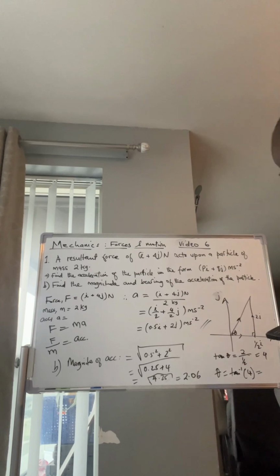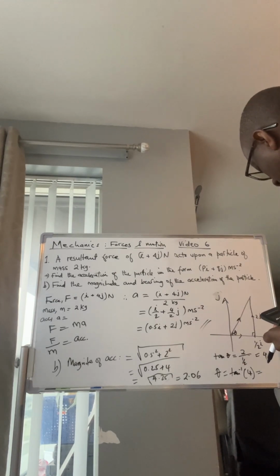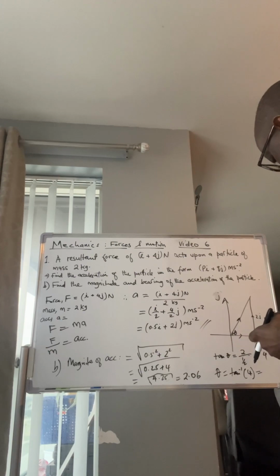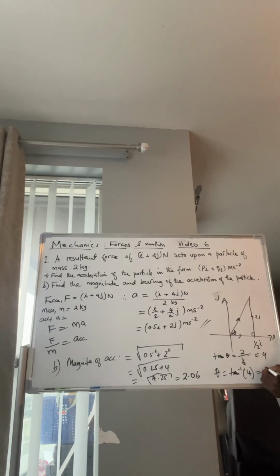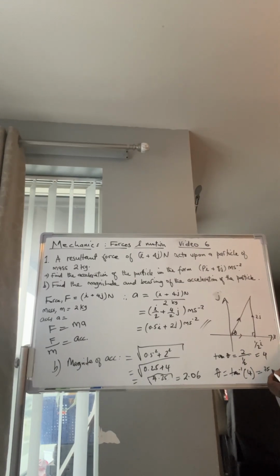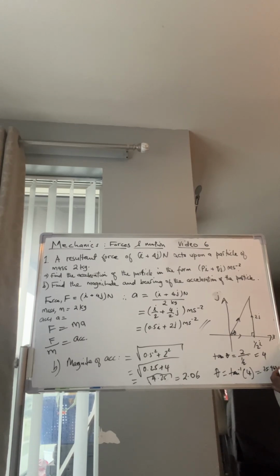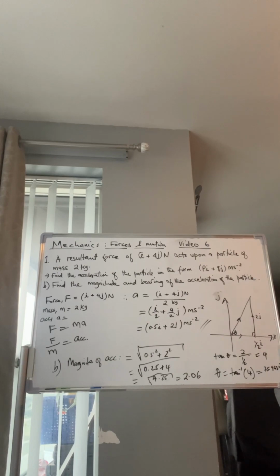Arctan of 4 equals 75.964 degrees. That is what you get.